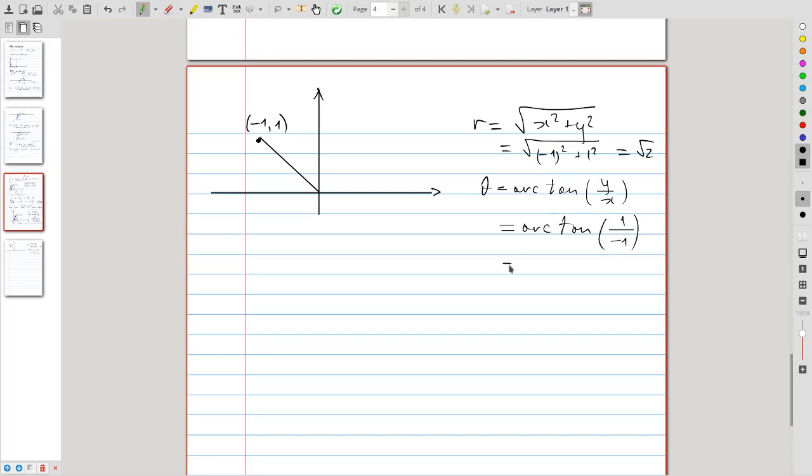Giving us inverse tangent of minus 1, which, if you recall how inverse tangent works, gives you values between minus pi over 2 and pi over 2, and in this case it's going to give you minus pi over 4, which corresponds to a point somewhere in the fourth quadrant. So minus pi over 4 gives you an angle pointing in this direction.